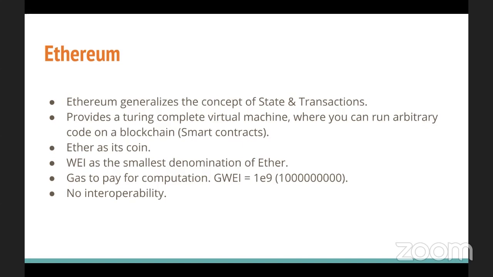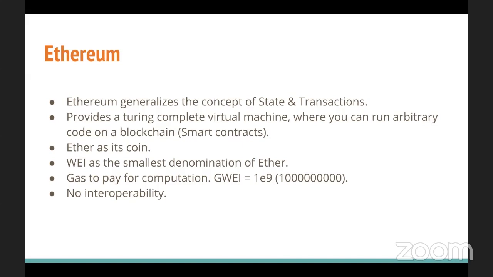The coin of the Ethereum blockchain is Ether. The smallest denomination of Ether is called Wei, and there is gas to pay for computation. For example, if you remember, when you want to send a transaction you have something called gas price, and this gas price is in a denomination which is Gwei, which is 1e9.